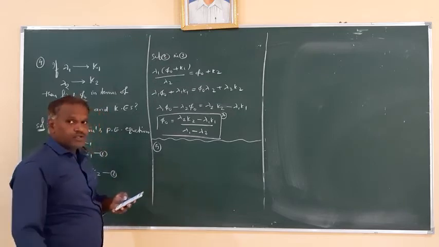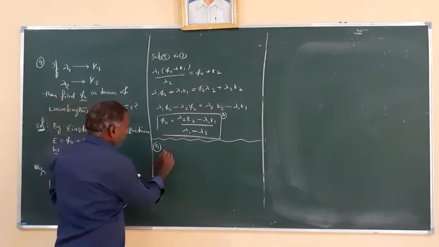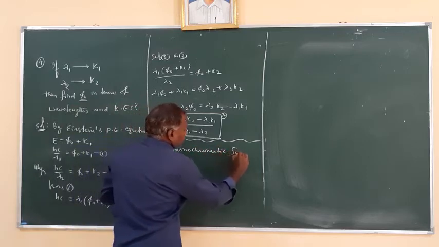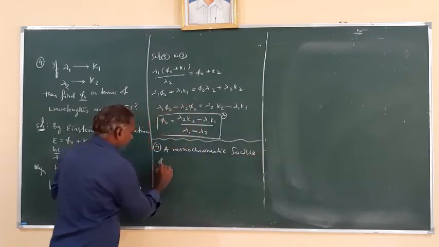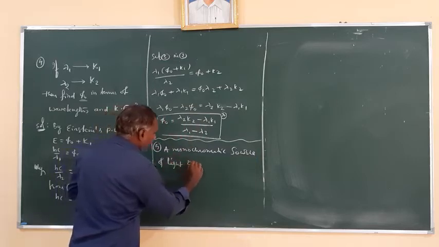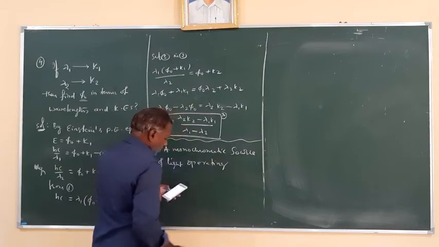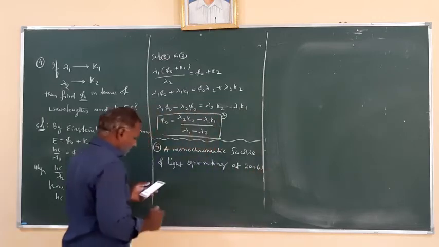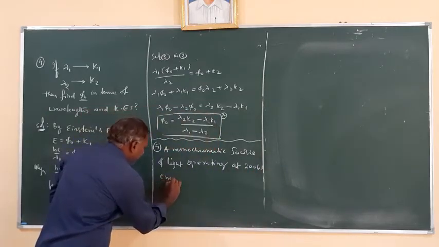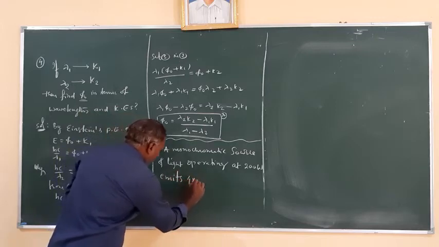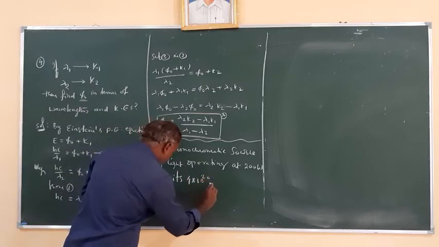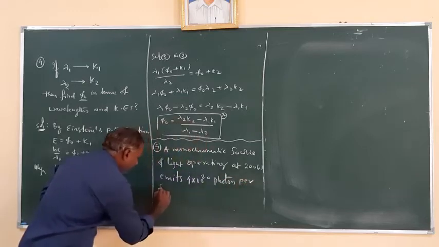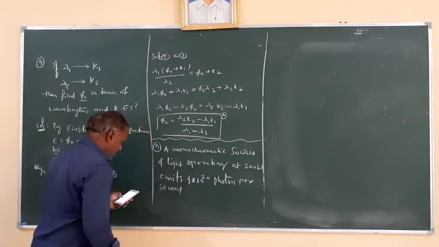A monochromatic source of light operating at 200 watts emits 4 into 10 power 20 photons per second.